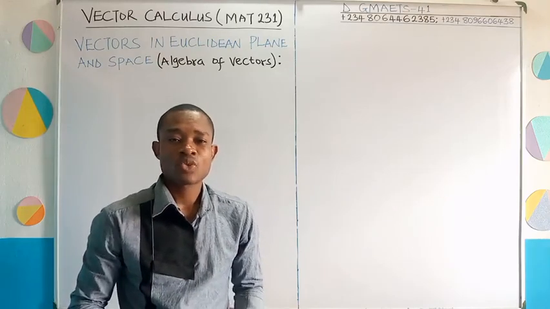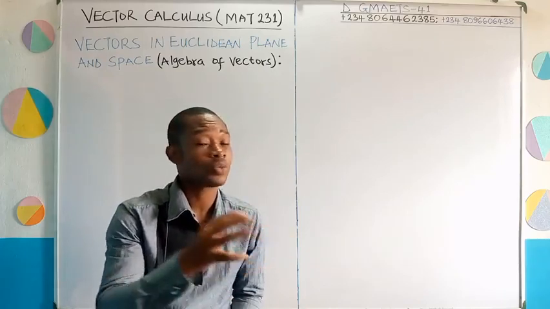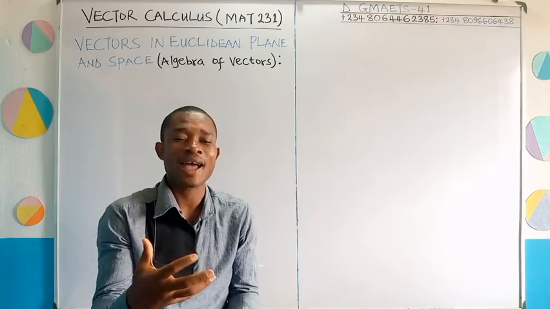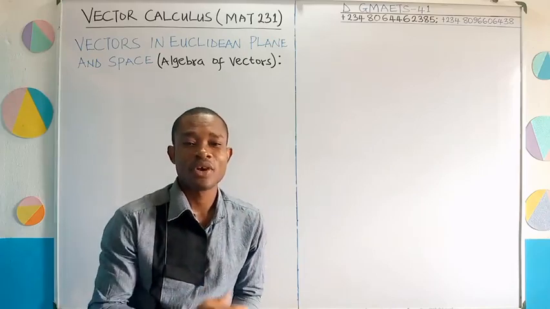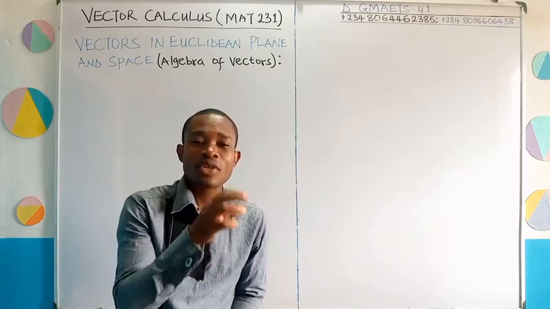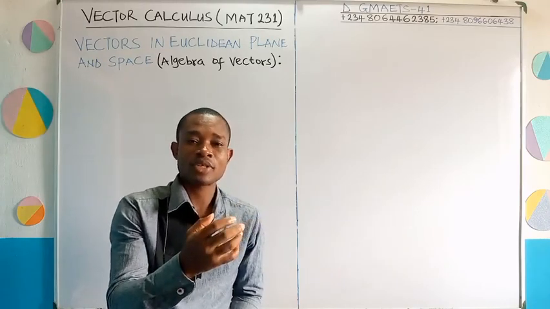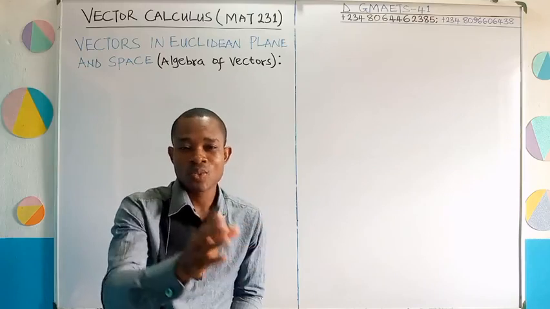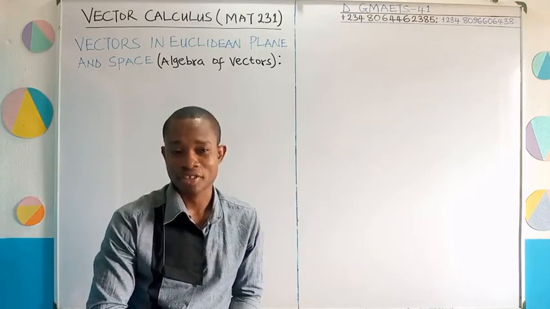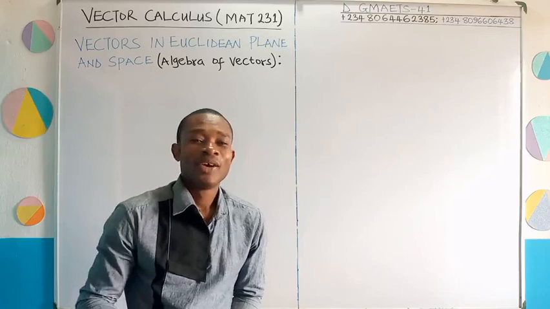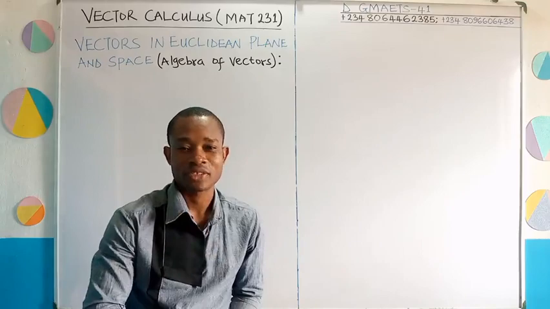From our previous class, we already introduced the concept of our specific unit vectors, which helps us to add the components of a vector. And so we're going to use those specific unit vectors to guide us in terms of like terms when we carry out addition and subtraction of like terms. We shall be studying straight on with addition of vectors.